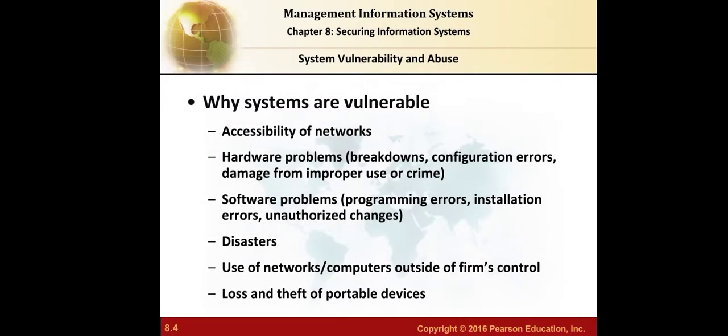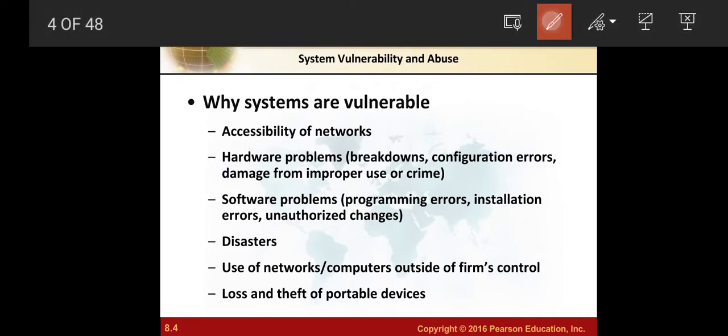So why are systems vulnerable? We can say because of accessibility to networks, and hardware problems such as breakdowns, configuration errors, damage from improper use or crime. Another one is software problems such as programming errors.